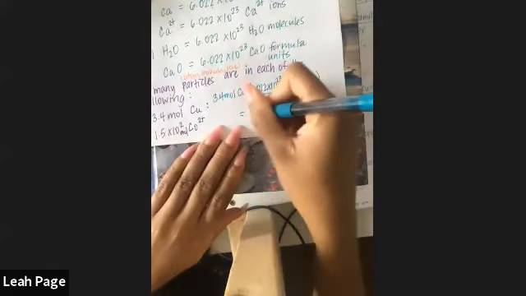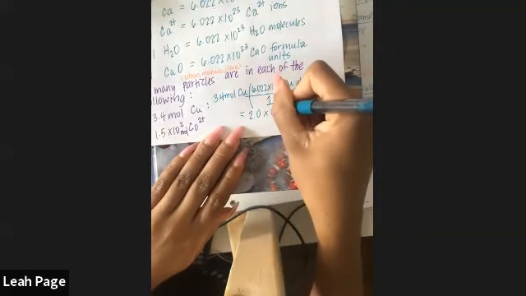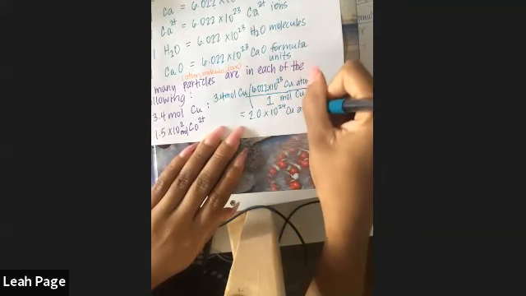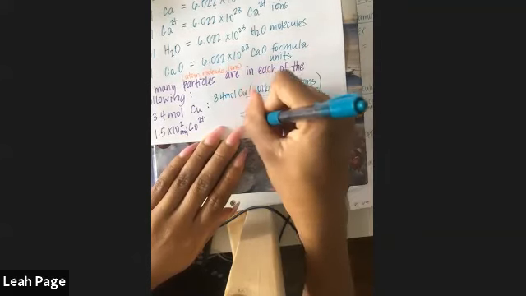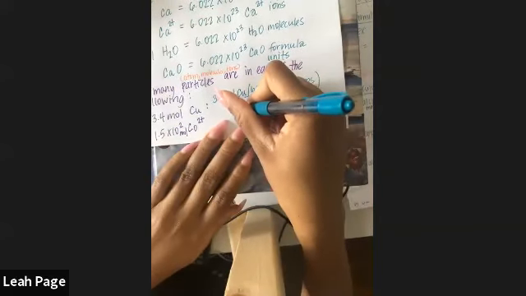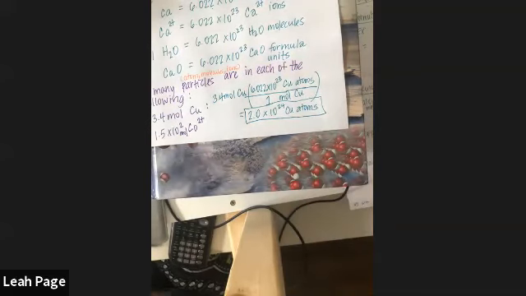So the answer for this one is 2.0 times 10 to the power of 24, and this is copper atoms. We could also do 2.0 E24. Yep, in the homework, that's how you'd have to write it.